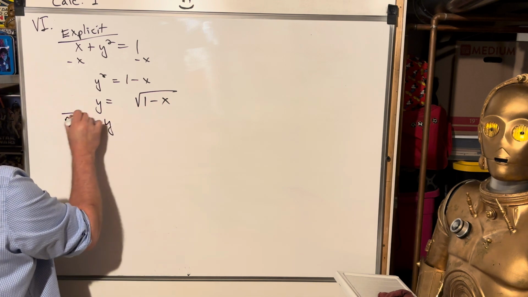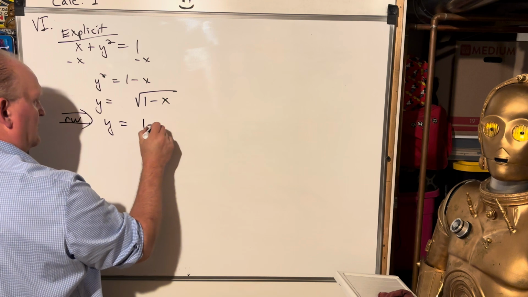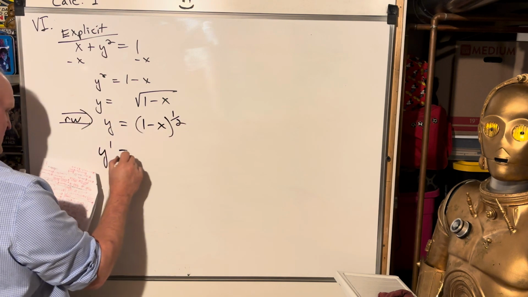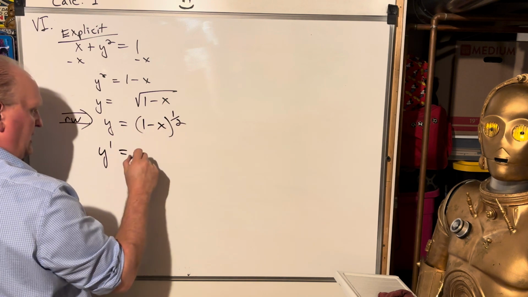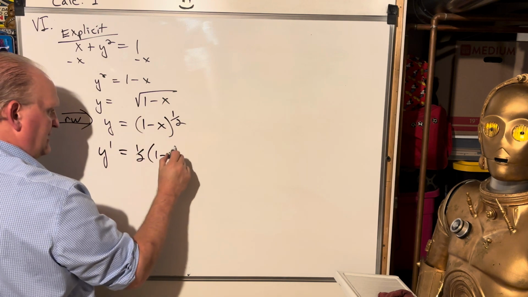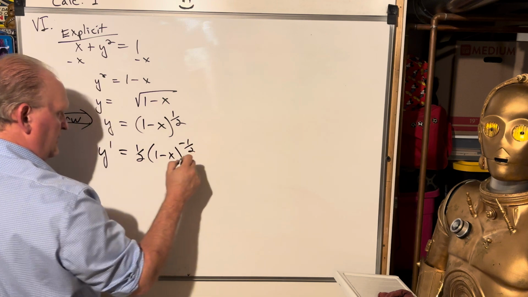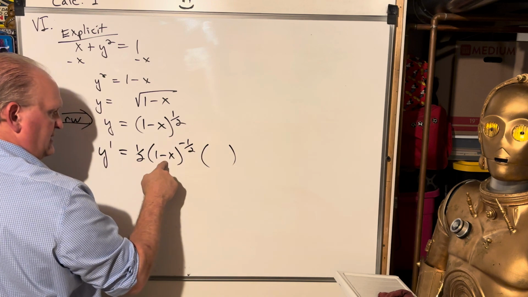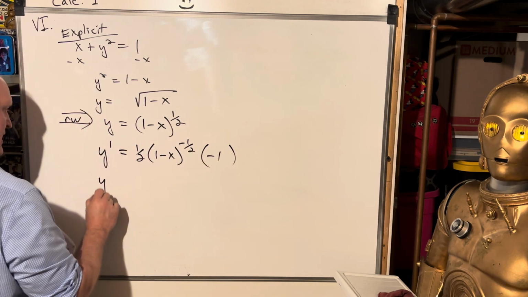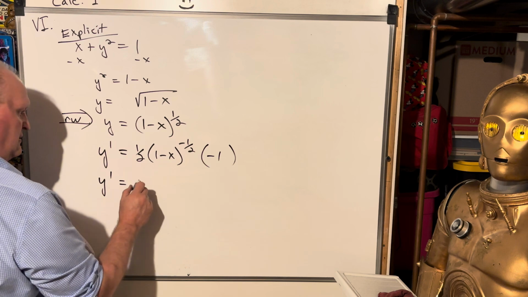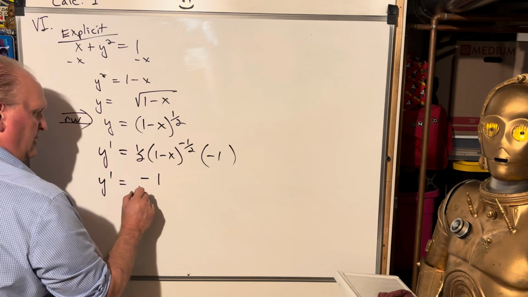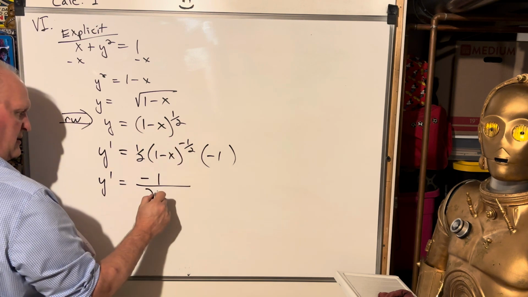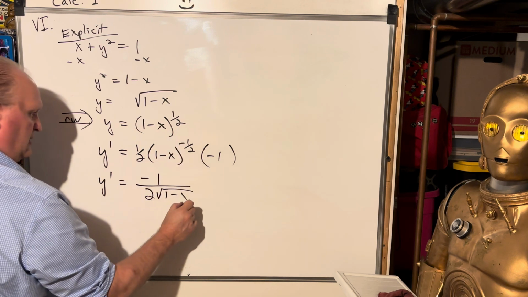Do a quick rewrite. And now do the derivative. So chain rule, 1/2, leave the inside exactly the same, subtract 1, -1/2, and then multiply it by the derivative of what's in there, so -1. So y prime is equal to -1 over, right, -1 times 1 is -1, 2 is on the bottom, that goes down on the bottom as a square root. There.